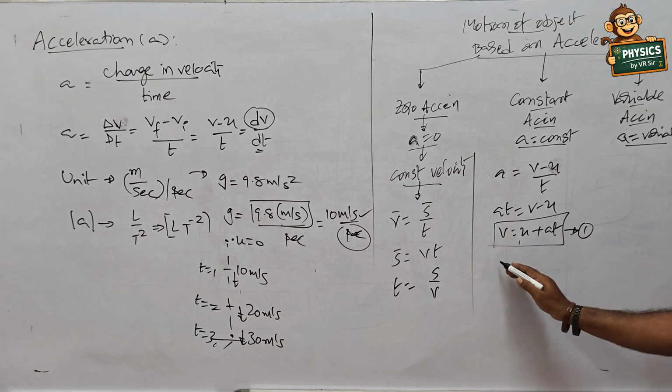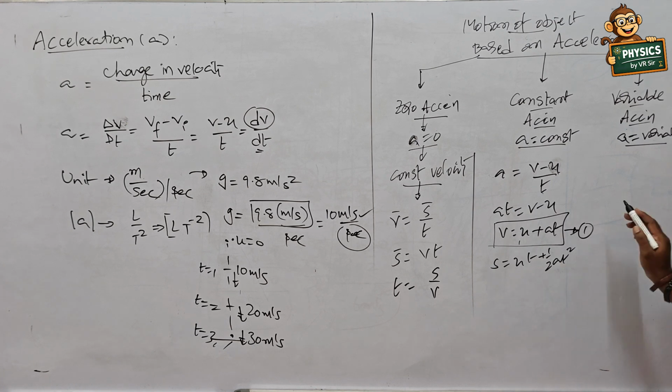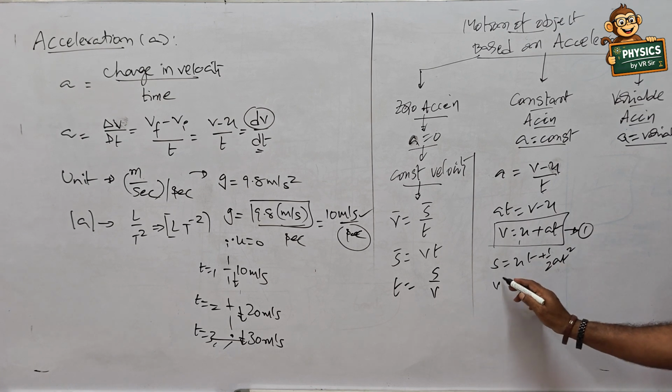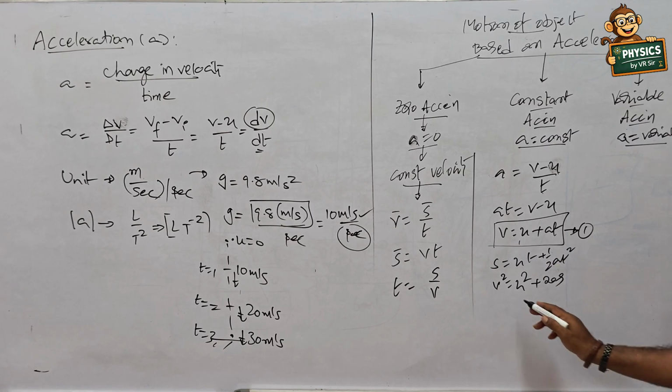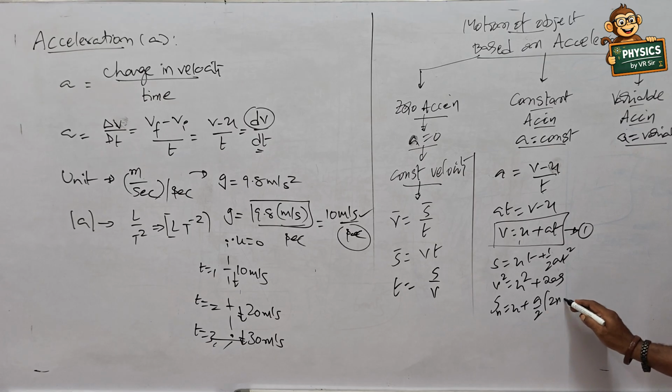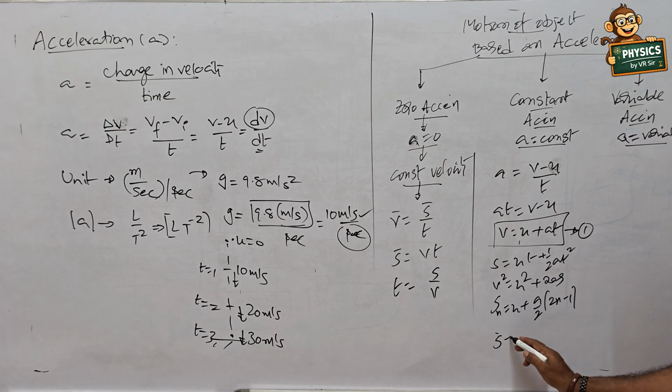Based on this we can derive s is equivalent to ut plus half at square, one more relation, and v square is equivalent to u square plus 2as, one more relation, and Sn is equivalent to u plus a by 2 into 2n minus 1, one more relation. And of course, displacement is given as u plus v by 2 into time, which is what we call average velocity into time.